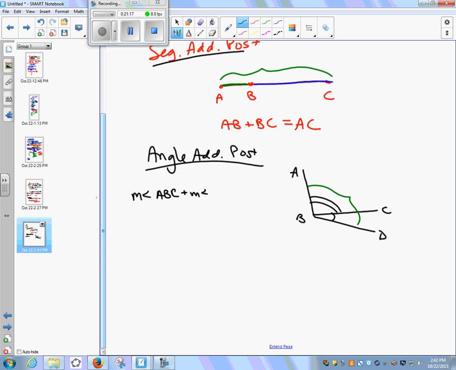Say again? Yep. Equals the measure of angle, yep, ABD. Make sure you recognize how to name those. ABC plus CBD equals ABD, the whole thing. Again, not with numbers or measurements, but just with naming the angles. And they're always going to be adjacent to each other because it's this little part plus that little part equals the whole thing. And then linear pair postulate we talked a lot about.